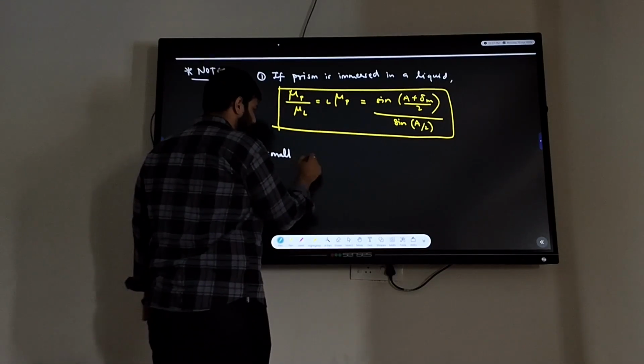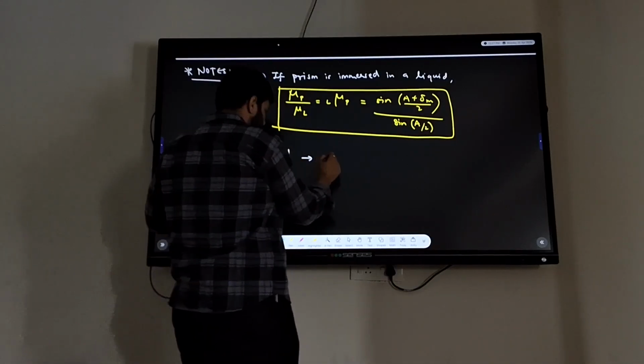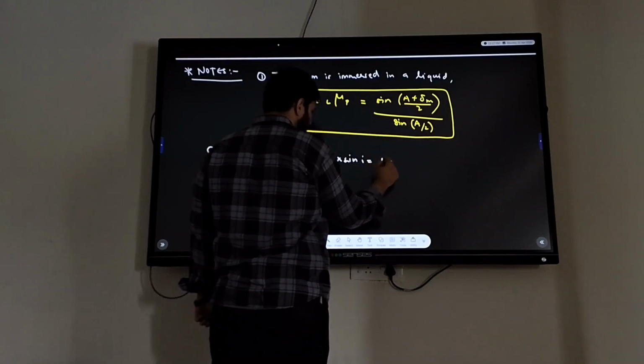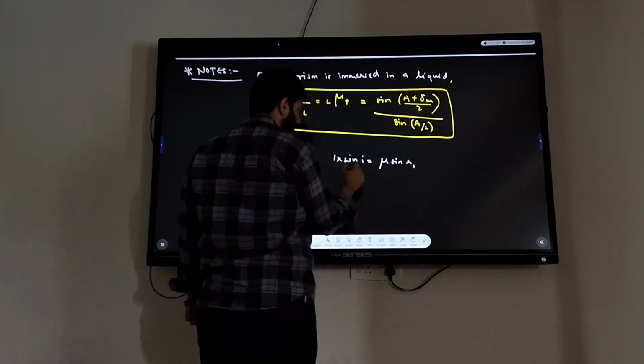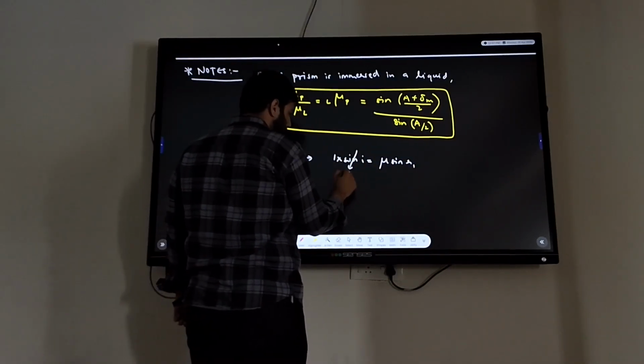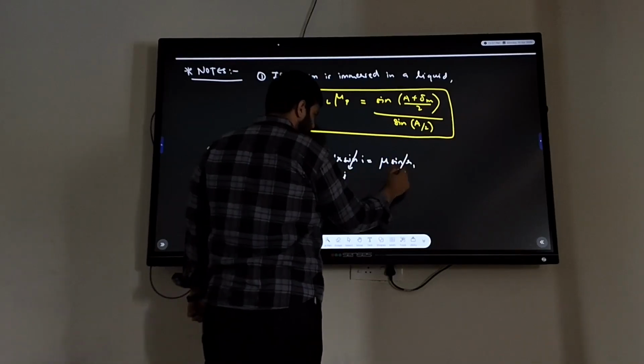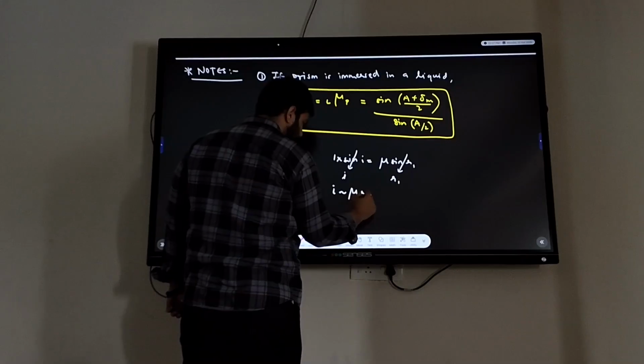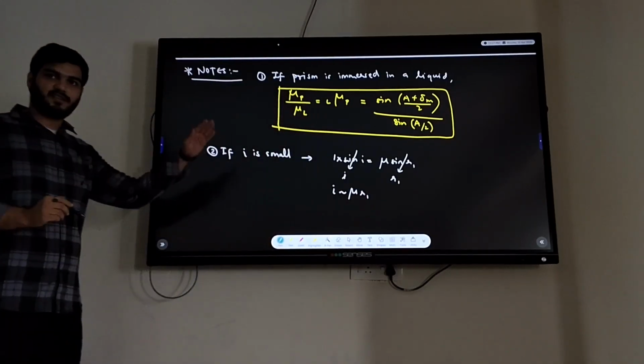Then I will get 1 into sin I is equal to mu into sin R1. So this can be approximated to I, and this to R1. Then I is approximately mu R1 by Snell's law on the first surface.